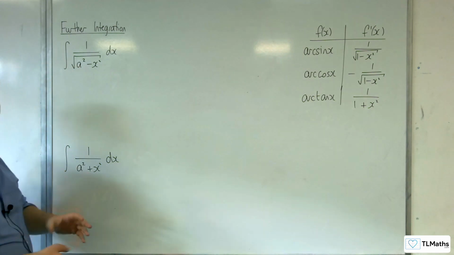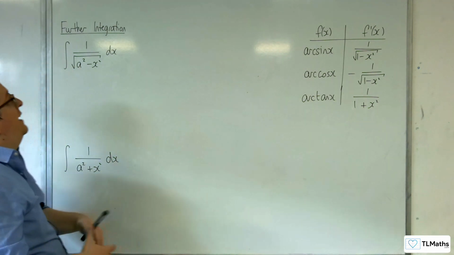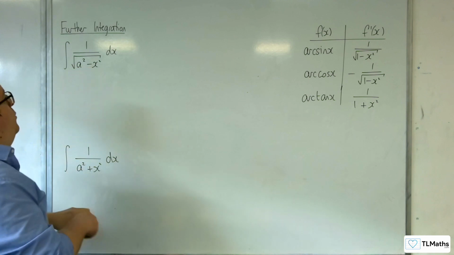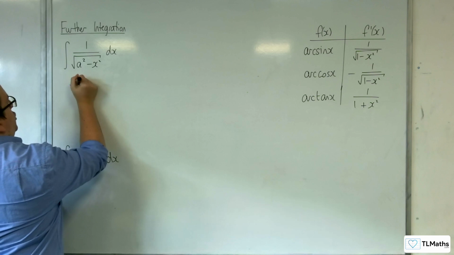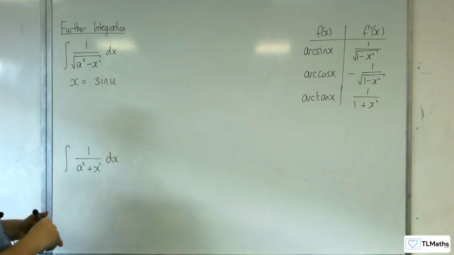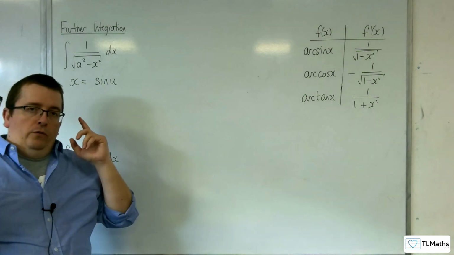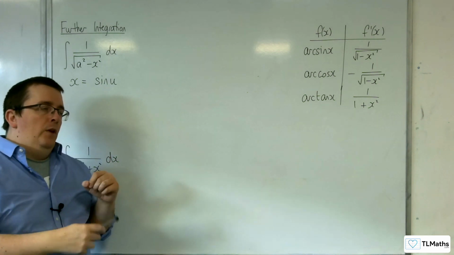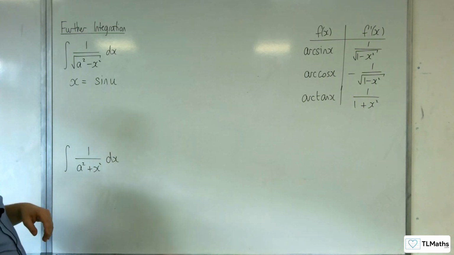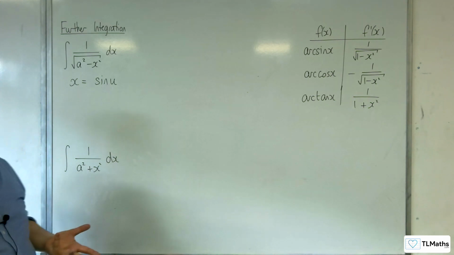In the previous videos, we looked at integrating this when a was 1. And we used the substitution x equals sine of u. The way that this worked out was that we wanted to get to an identity that involved sine.